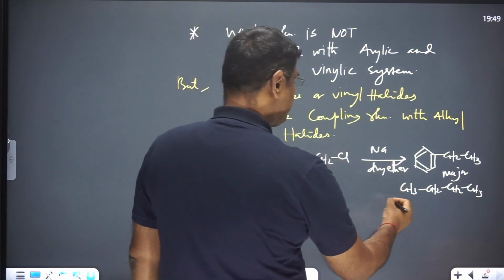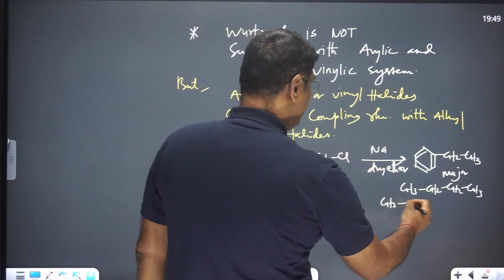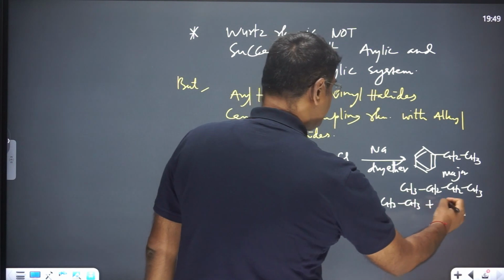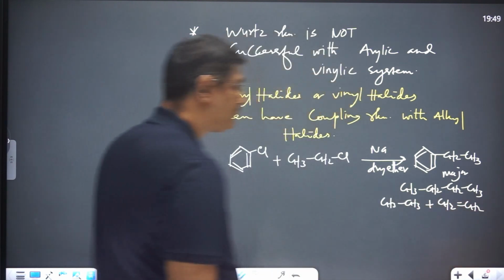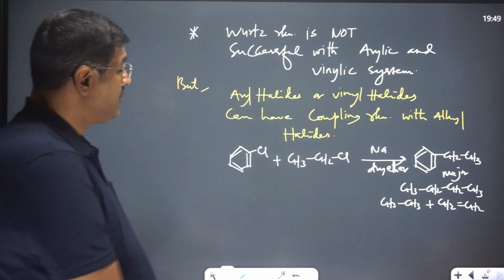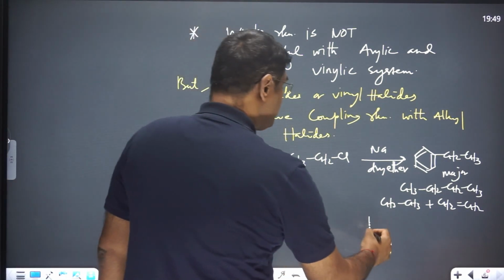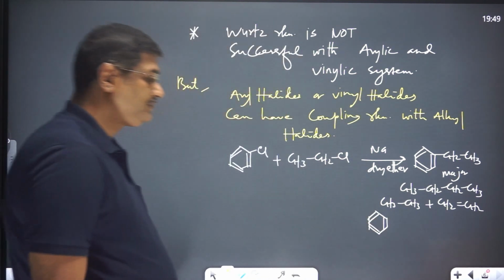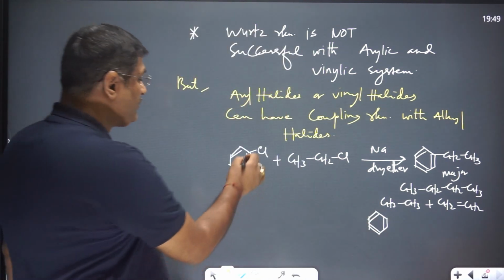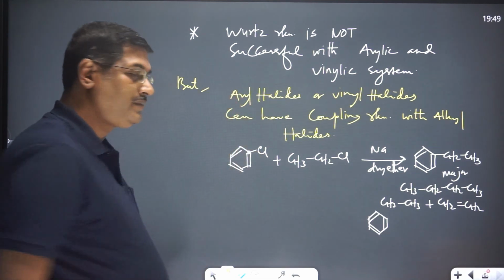Here is the self reaction, so CH3CH3 plus CH2 double bond CH2, right? Even benzene is one of the possible products, because the carbanion forms.